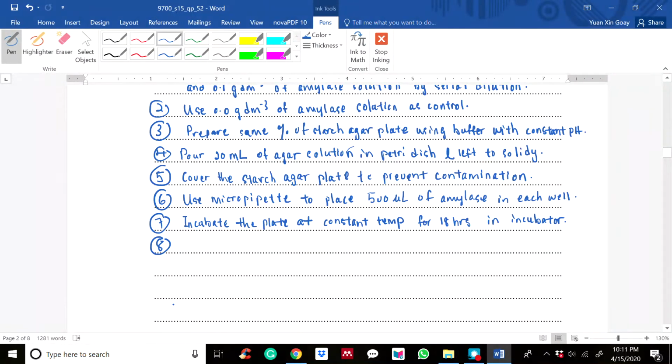Following incubation is to flood the surface of the plate with iodine solution using a dropper for 30 seconds.